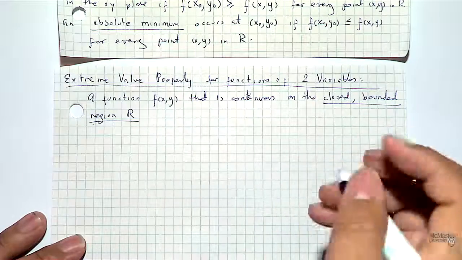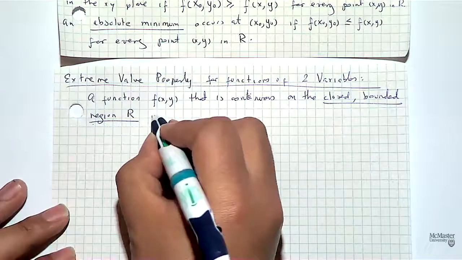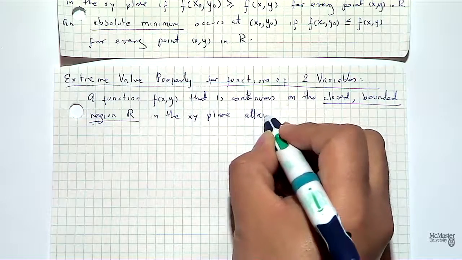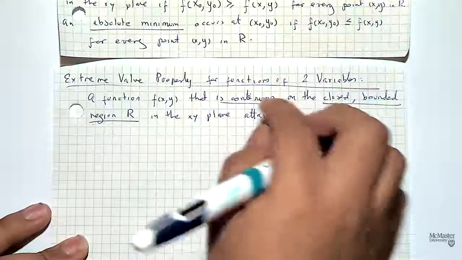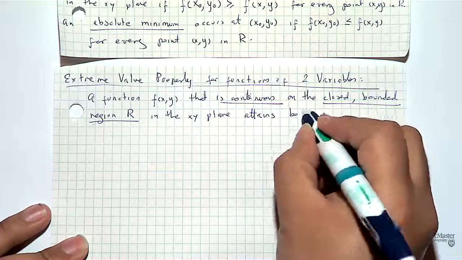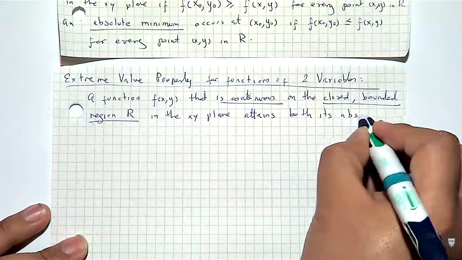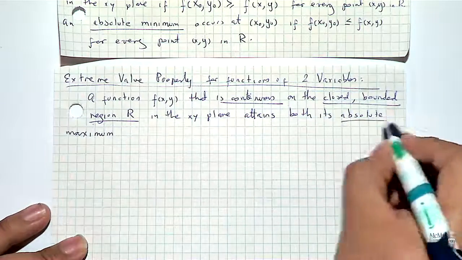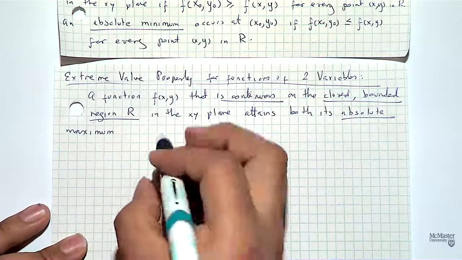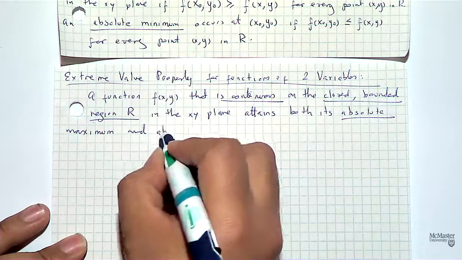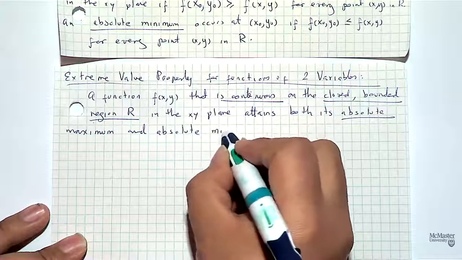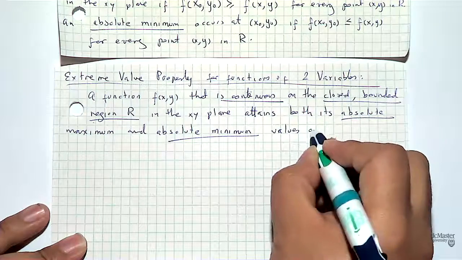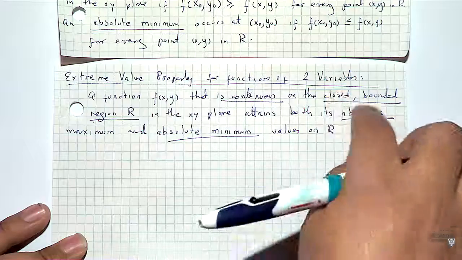So you have a region that is closed and bounded, in the xy plane, attains, and bear in mind that the function should be continuous, both its absolute maximum, bear in mind that it's talking about the absolute, not the local one, and its absolute minimum values on the region. So there are some conditions that the region must satisfy.